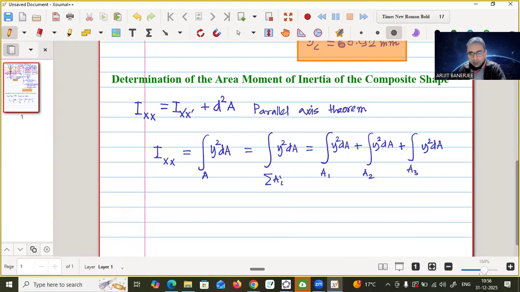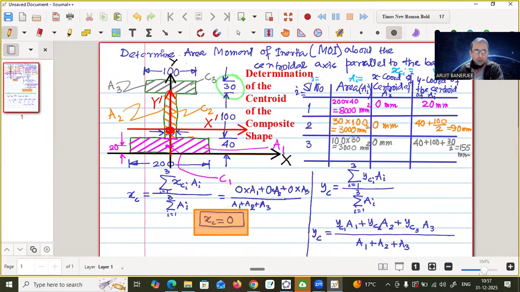Therefore, we can write that Ixx is equal to Ixx1 plus Ixx2 plus Ixx3.